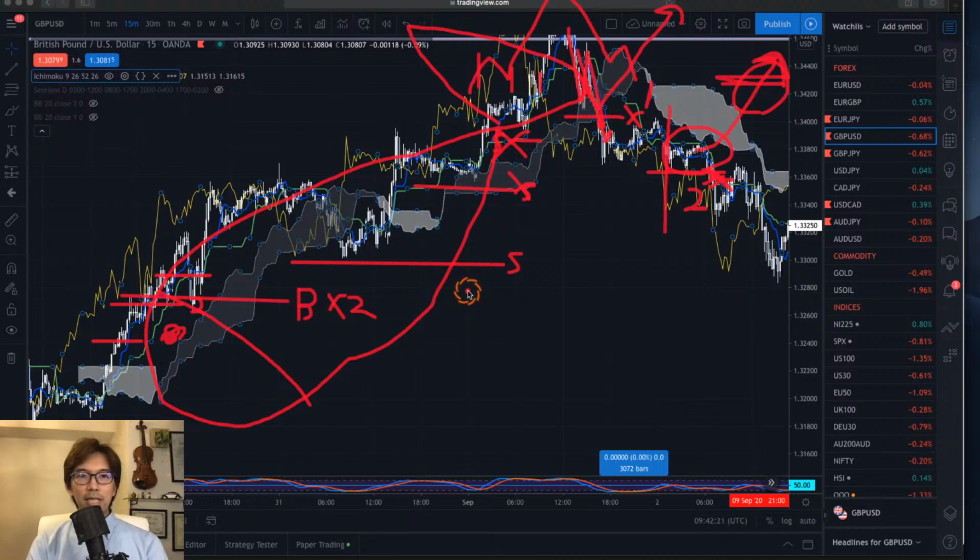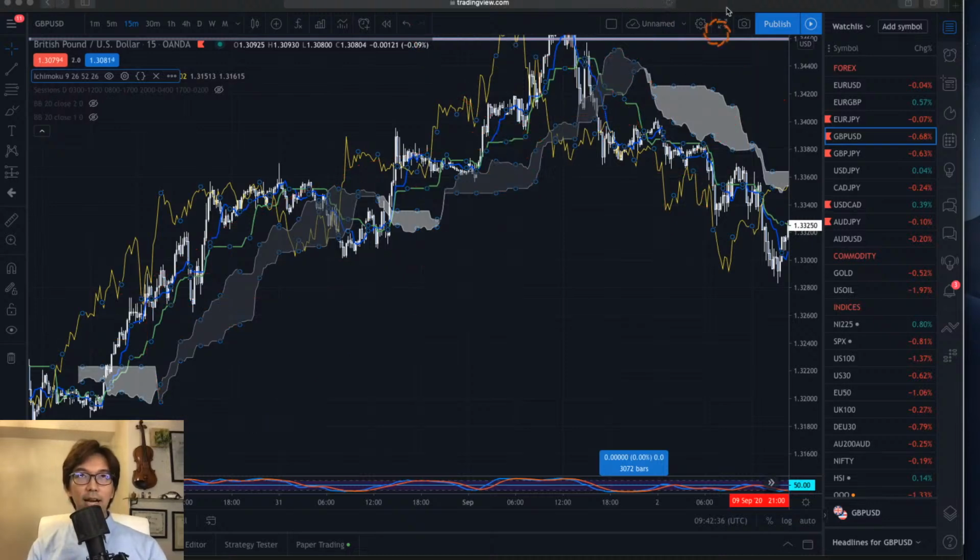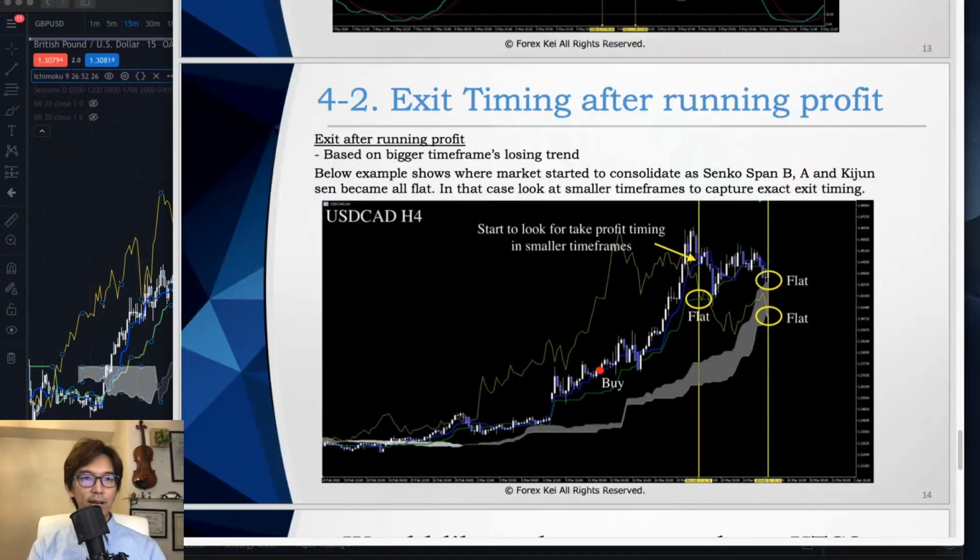But I take profit differently on these 2 positions or 3 positions, multiple positions with multiple time frames. That's basically what I wanted to express in this PDF, and this is the exit timing after running some profit.